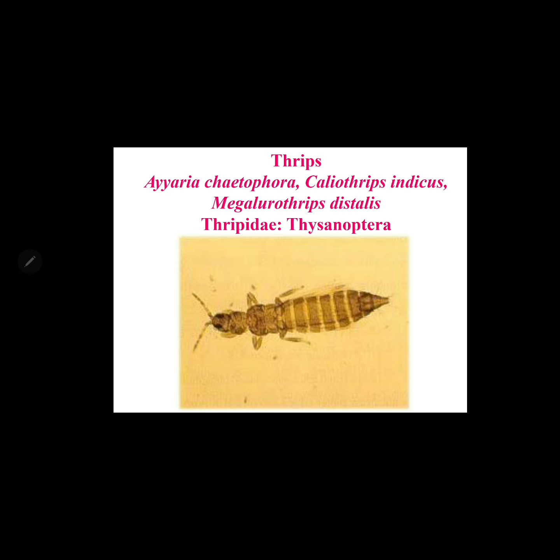The next pest is thrips, Caliothrips indicus or Megalurothrips distalis. These are different species of thrips causing damage. They belong to family Thripidae and order Thysanoptera.